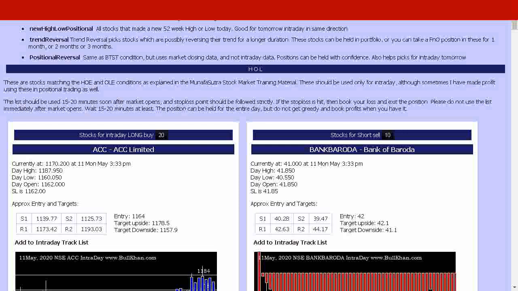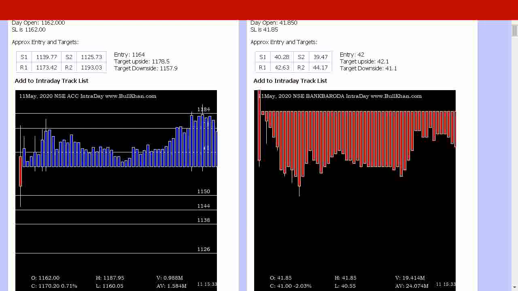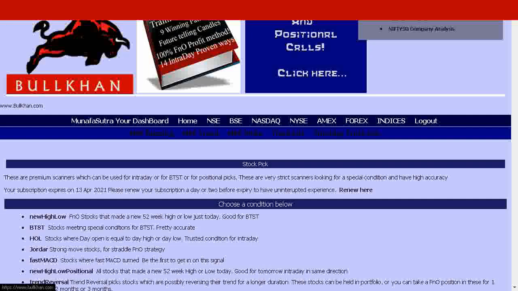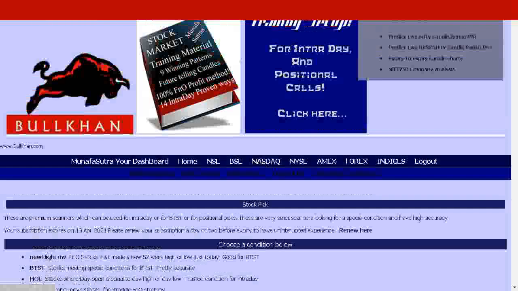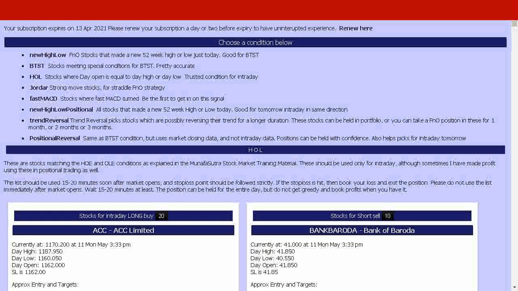But don't try to squeeze the stock. Don't wait for 10% profit, 15%, 20% profit. That does not happen very well. Take a small profit in 4 or 5 stocks. That is much better for intraday trading. That is the secret of intraday trading.